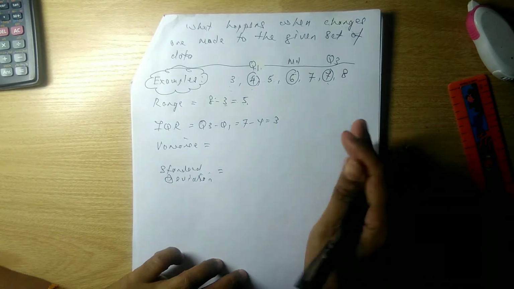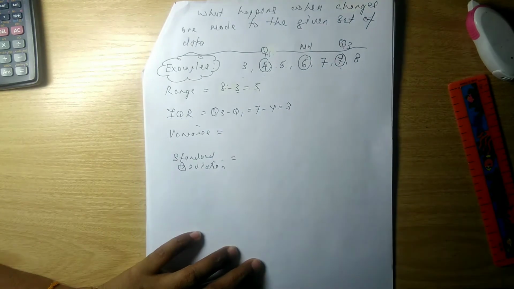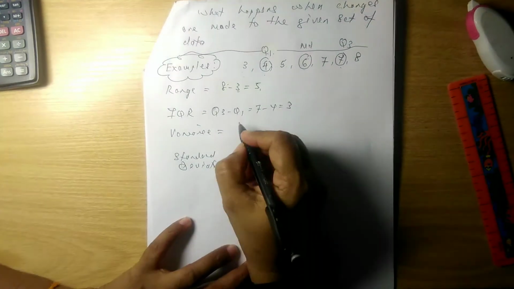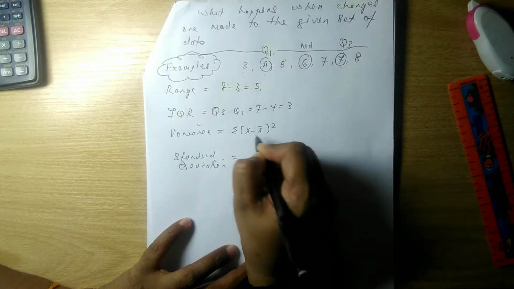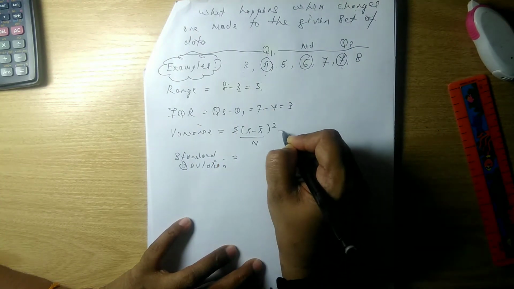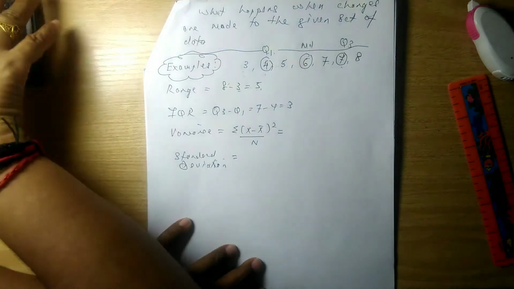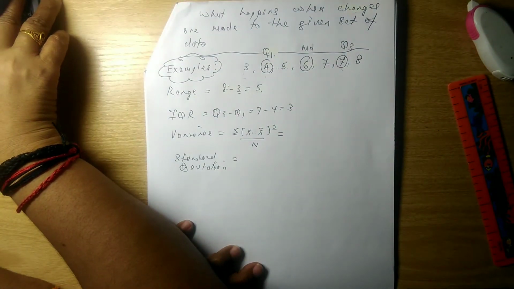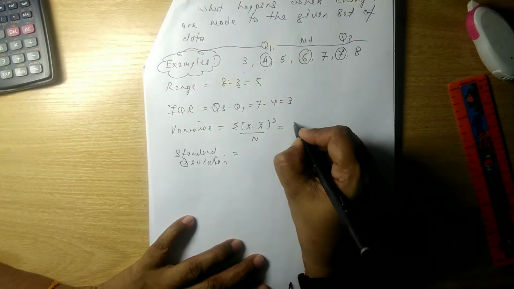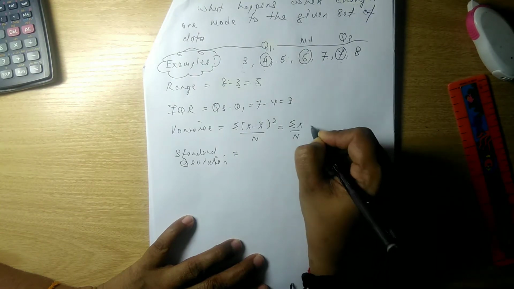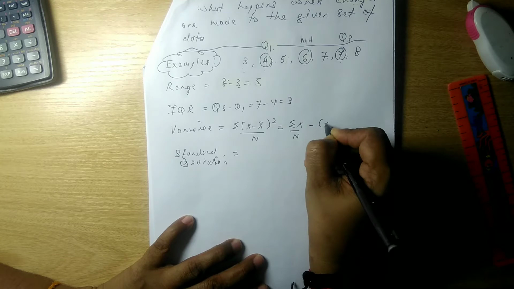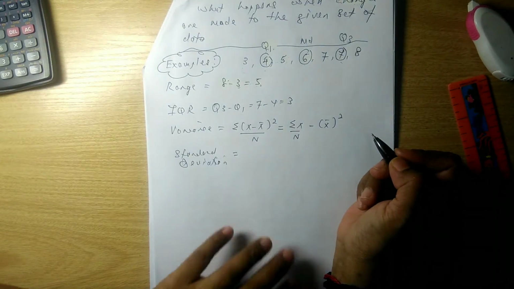Now we go for variance. The variance formula is the sum of x minus x bar squared over n. Or another option is sigma x squared over n, minus the mean squared.